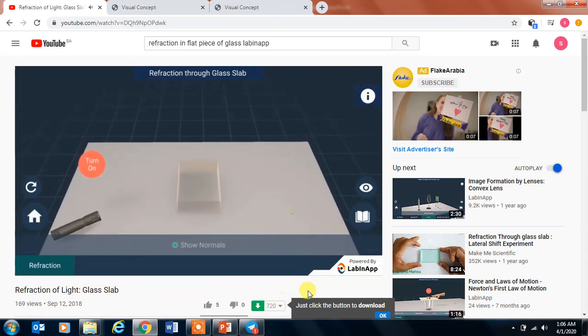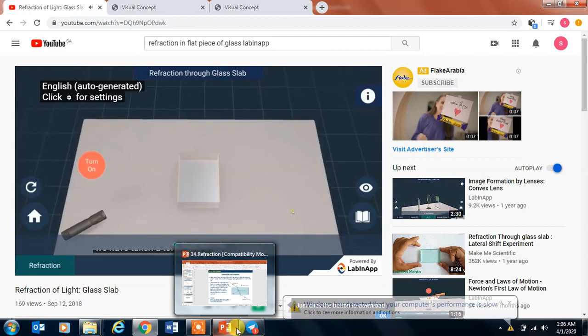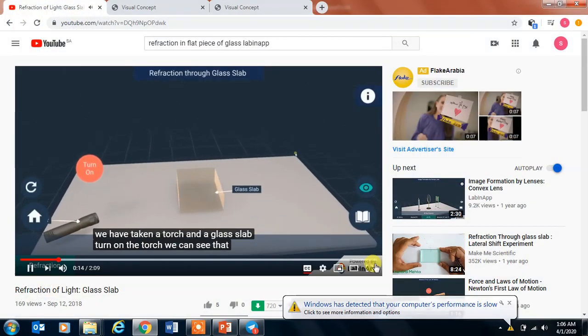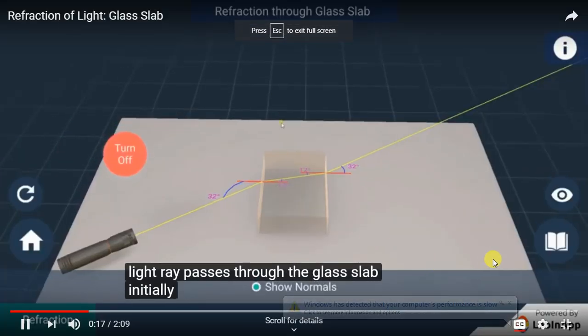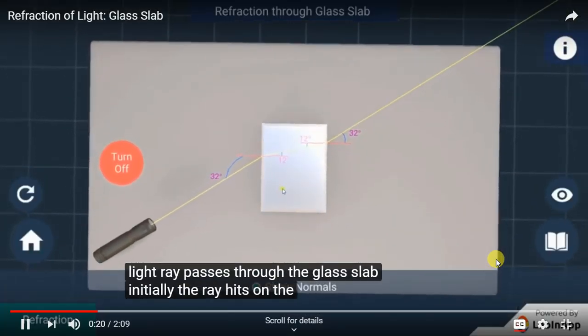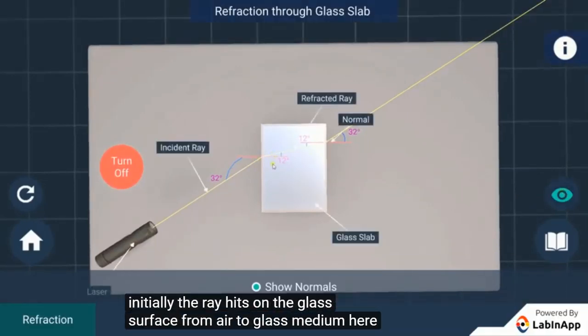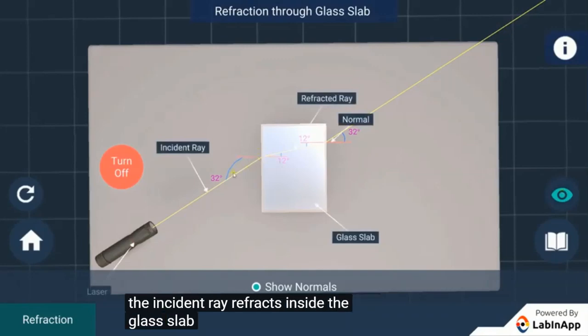Light through a glass slab. We have taken a torch and a glass slab. Turn on the torch. We can see that the light ray passes through the glass slab. Initially, the ray hits the glass surface from air to glass medium. Here, the incident ray refracts inside the glass slab towards the normal.